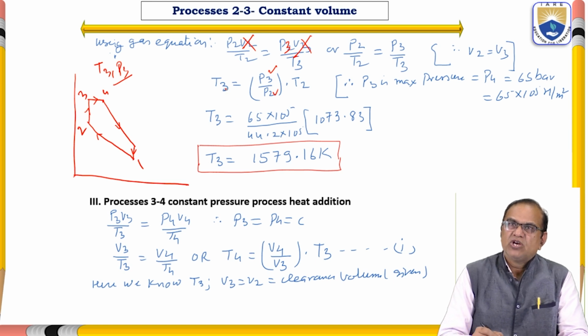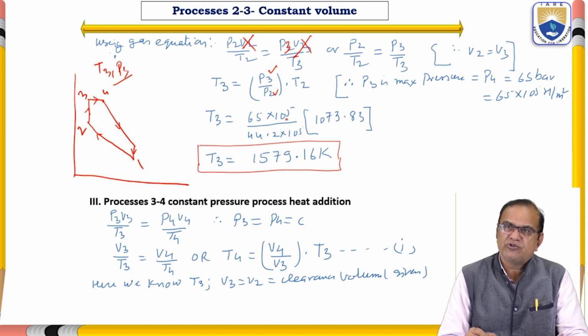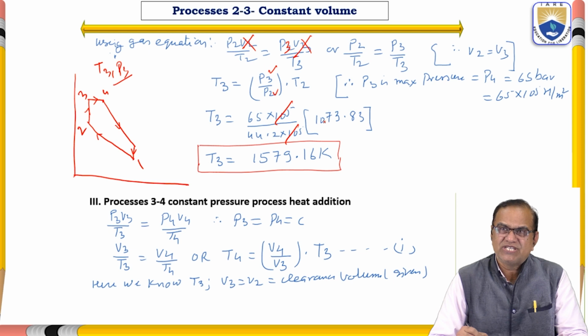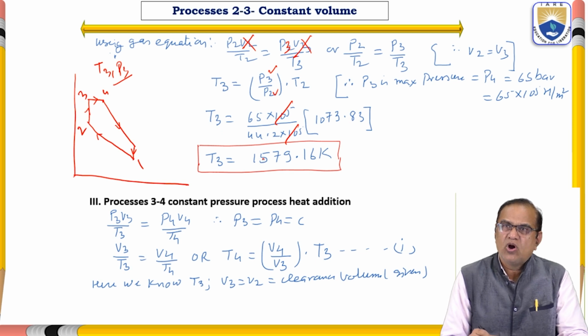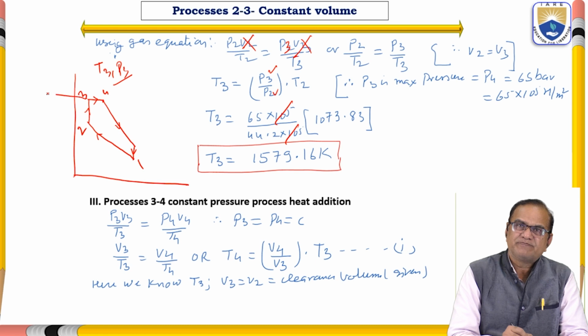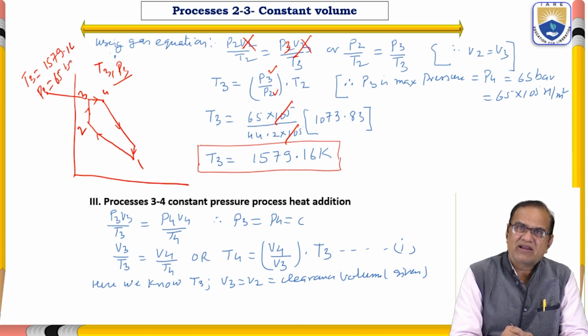It is given. So now T3 is equal to 65 into 10 to the power 5 divided by 44.2 into 10 to the power 5. It is cancelled. And the T2 we have just now obtained, 1073.83. So we got T3 is equal to 1579.16, and P3 is already given, 65 bar.